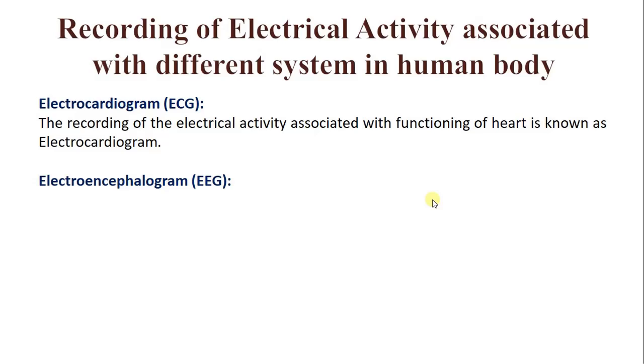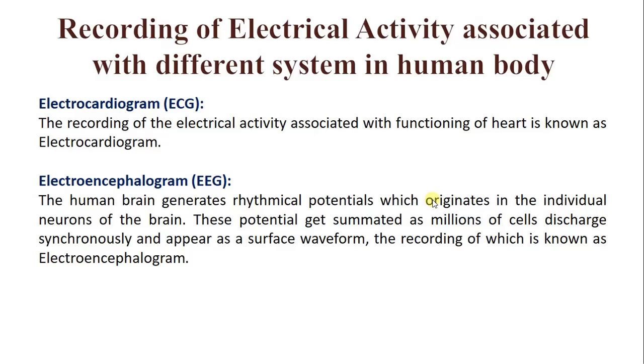Then we have electroencephalogram. It is nothing but the recording of electrical activity of your brain. The human brain generates rhythmical potentials which originate in the individual neurons of the brain, and these potentials get summated as millions of cells discharge synchronously and appear as a surface waveform.